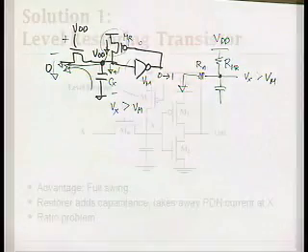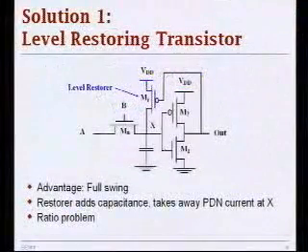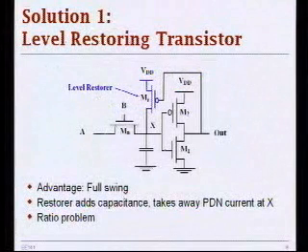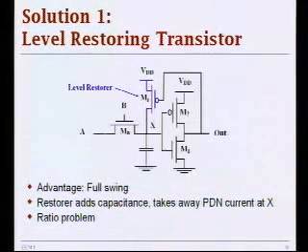If we go to the slides, we have the advantage of having full swing. The restorer adds capacitance, but also takes away pull down network current at X. And now it's a ratio problem.